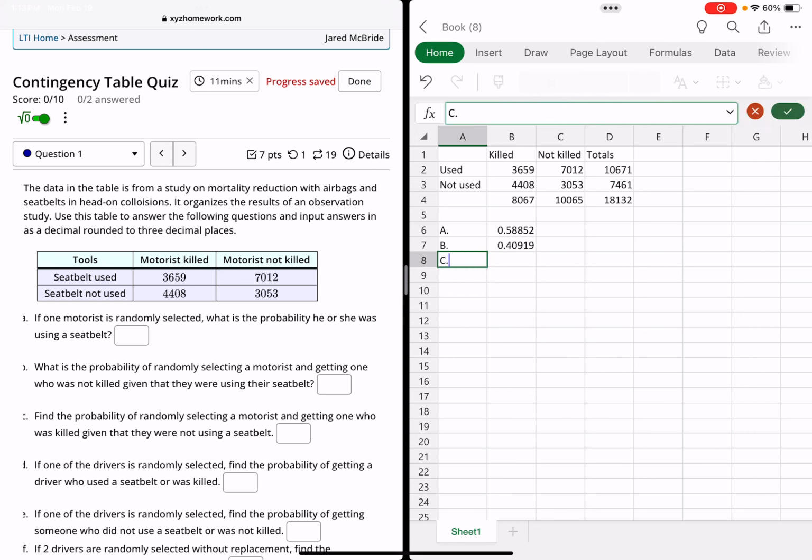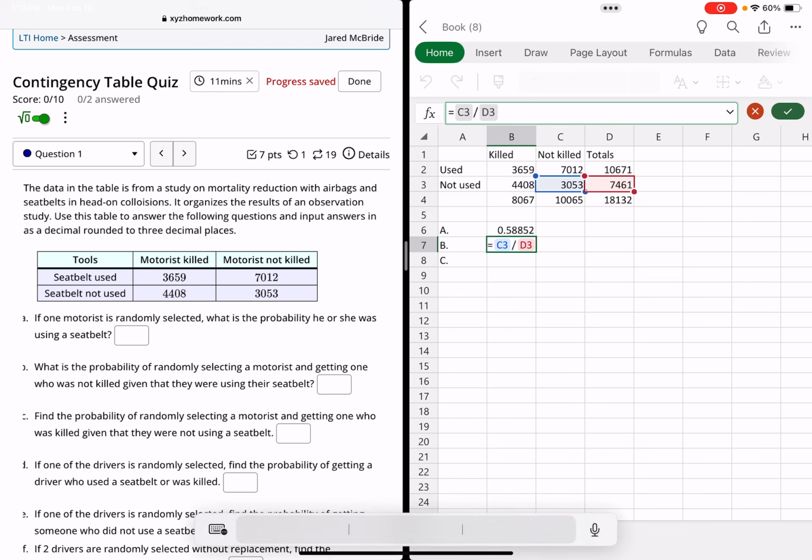All right, C now. Find the probability of randomly selecting a motorist and getting one who was killed, given that they were not using a seatbelt. So among all the ones, wait a minute. Did I get that one wrong? Not using a seatbelt. So B, that they were using a seatbelt.